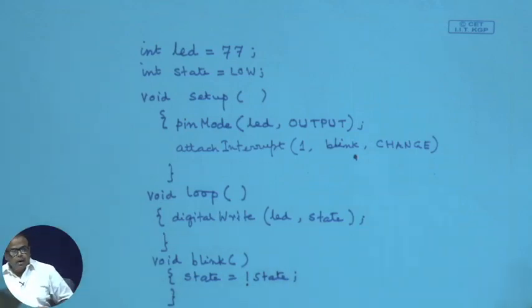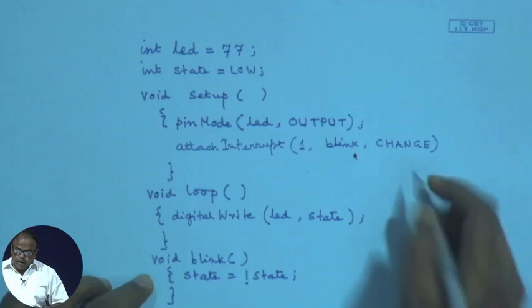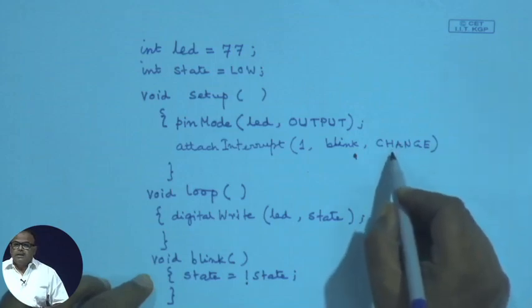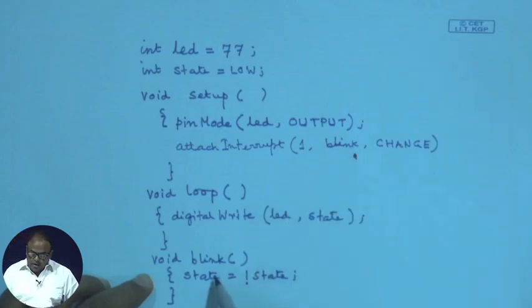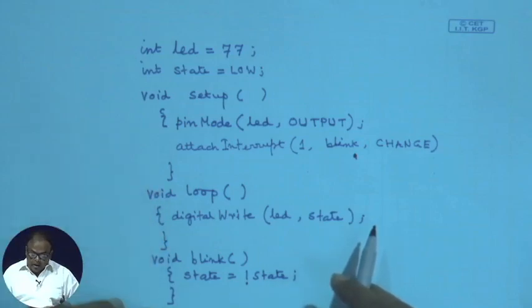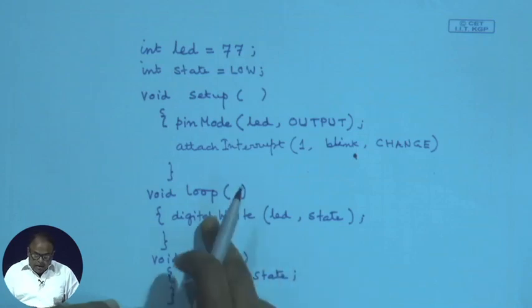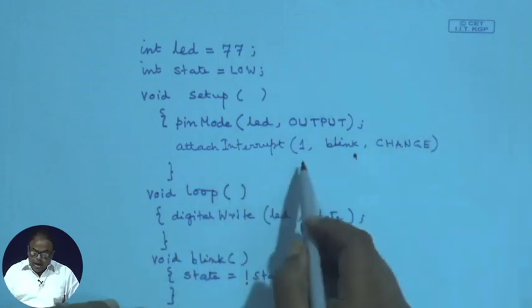Now, let us see what will happen. This blink, right. Whenever there is any change at this pin, I will go to this function, all right. And there is an infinite loop that is going on. I will just toggle the state, and then I will come here and digital write that state. So, 1 0 1 0 will happen at every interrupt.